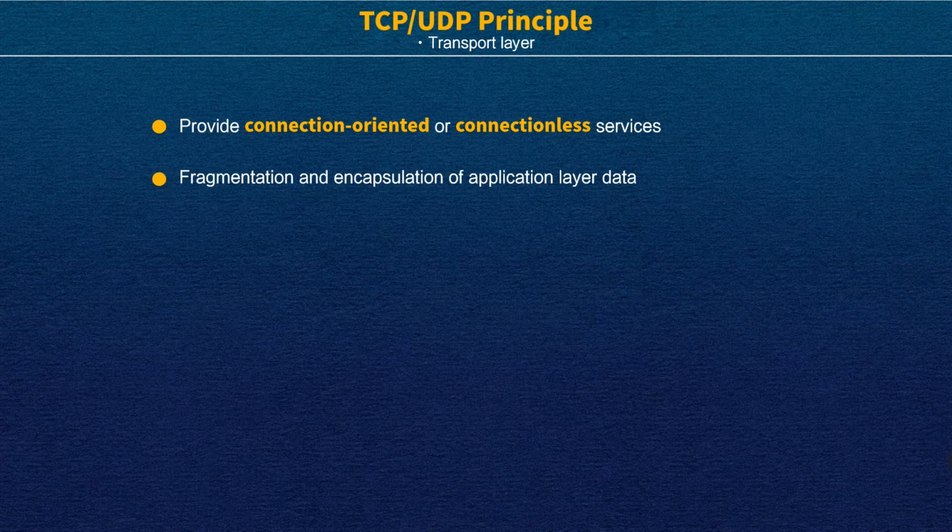The transport layer function is to provide fragmentation and encapsulation of application layer data, because the upper layer protocol is the application layer. When we receive the application data, we have to do the encapsulation to become a segment. And the third one is multiplexing.